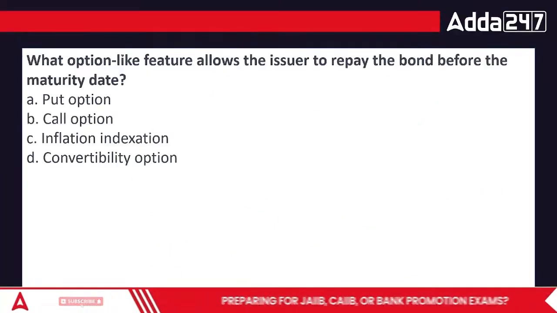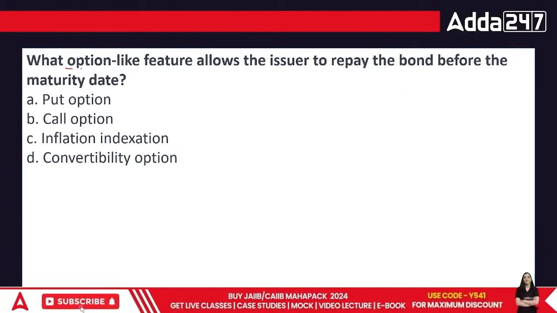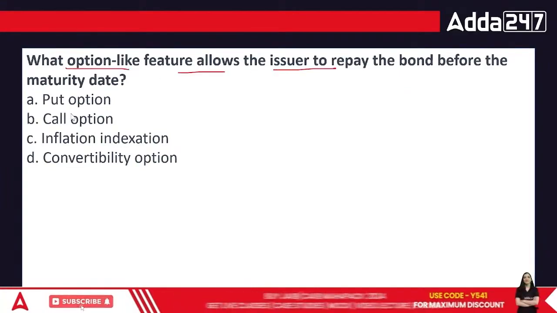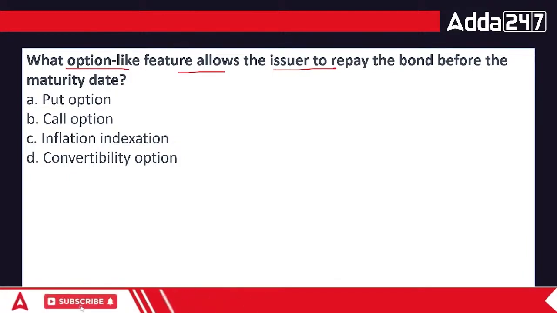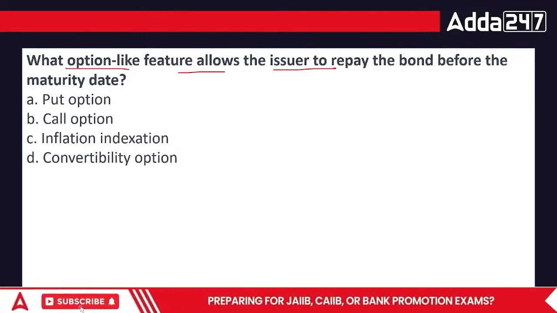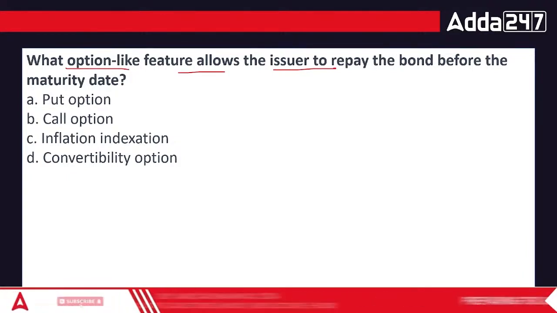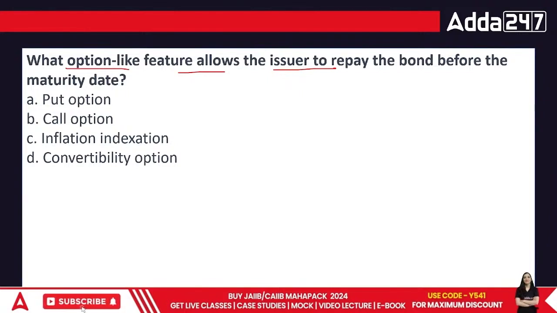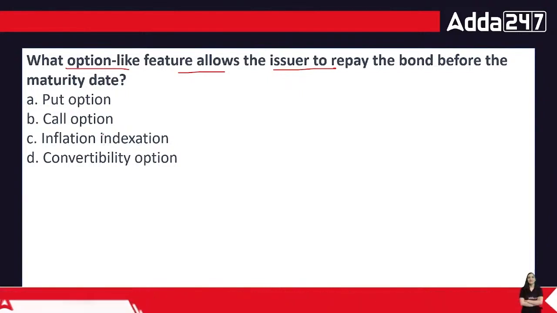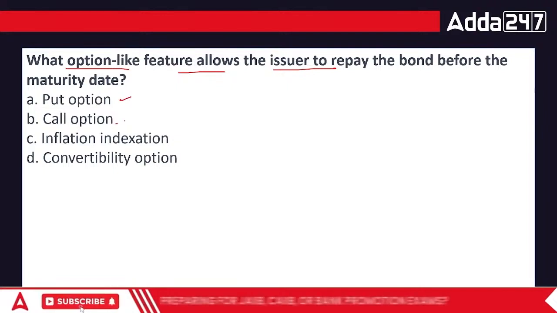Done? Acha. What option feature allows the issuer to repay the bond before the maturity date? Can we pay the bond before the maturity date, everyone? Yes, we can do that. Is it put option, call option, inflation indexation, or convertibility?